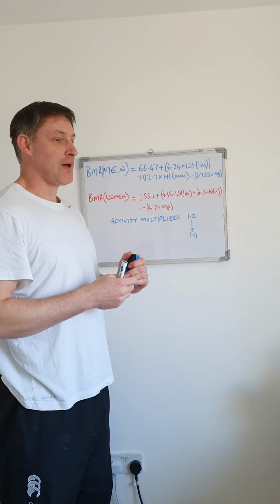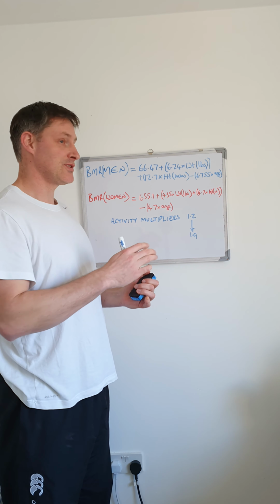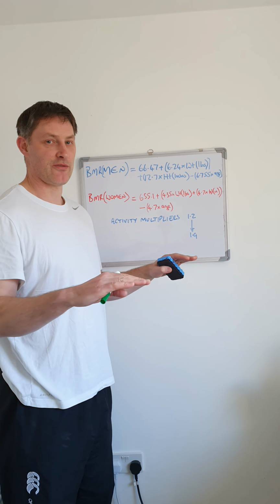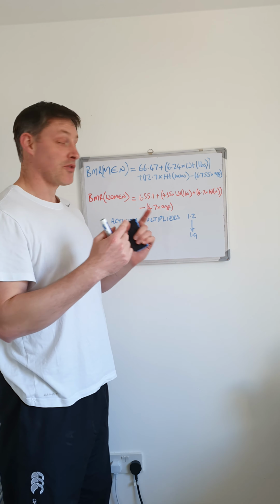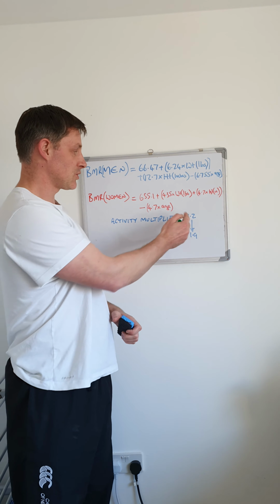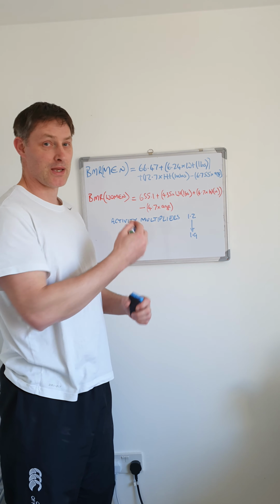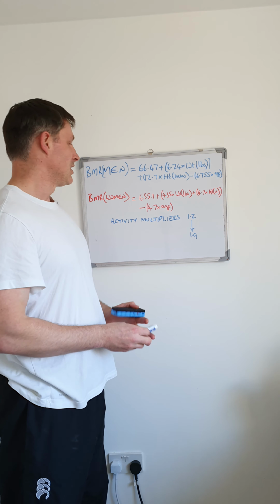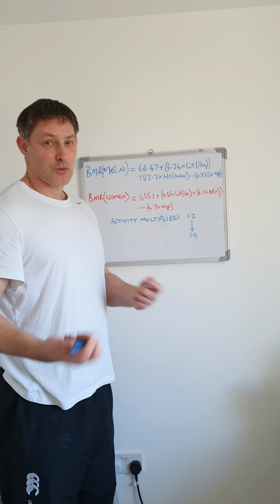Now, at best, it's an estimate and it only gives you what your body needs at complete rest. So if you were to completely rest for 24 hours, this is what you would need. What you then have to do is multiply by an activity multiplier, somewhere between 1.2 and 1.9 based on how active you are through the day. But at that point, you then have to work out a deficit.